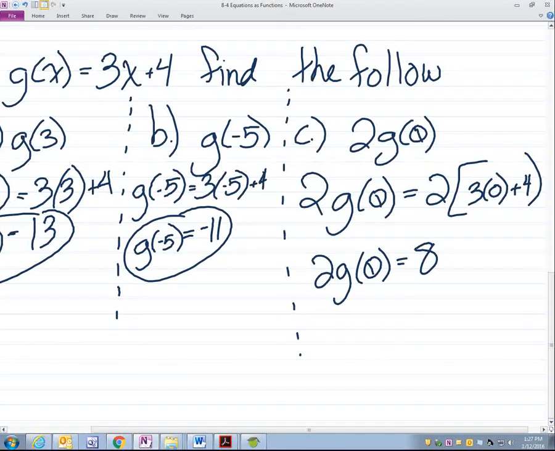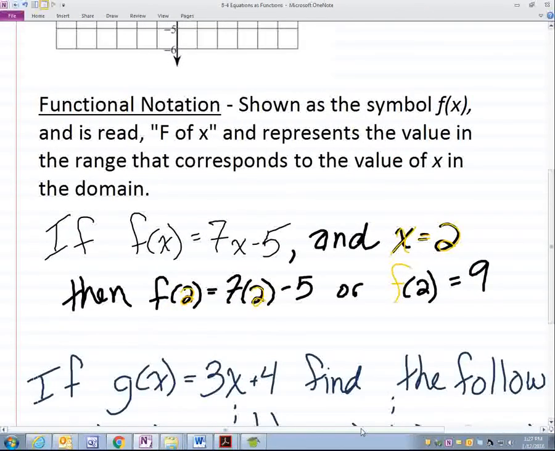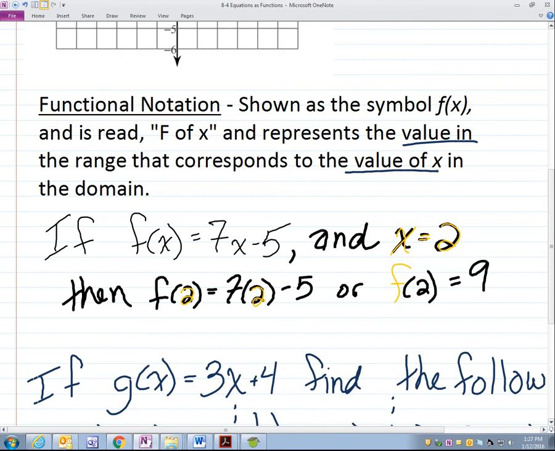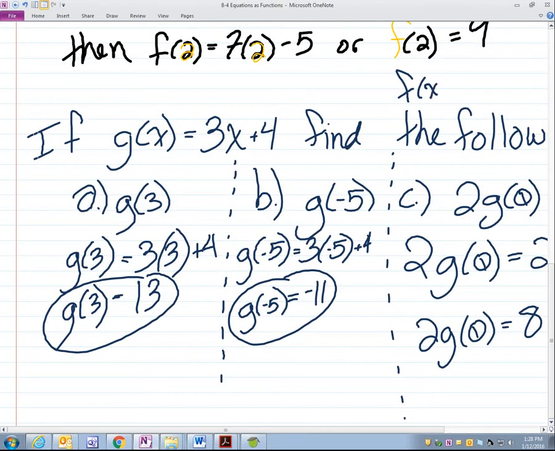I still don't understand what this represents. Why does this matter? The function notation shown as the symbol f of x represents the value in the range that corresponds to the value of the domain. So how many variables do we have here? That function removes your y value. When I say that, I'm saying it's a function, right?